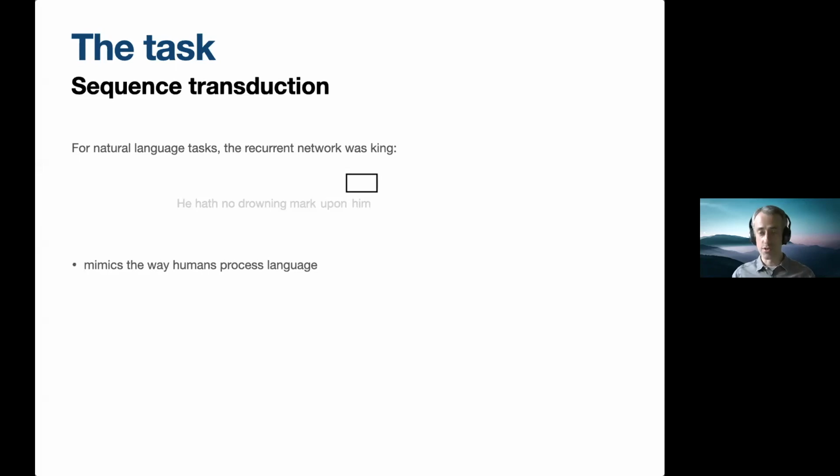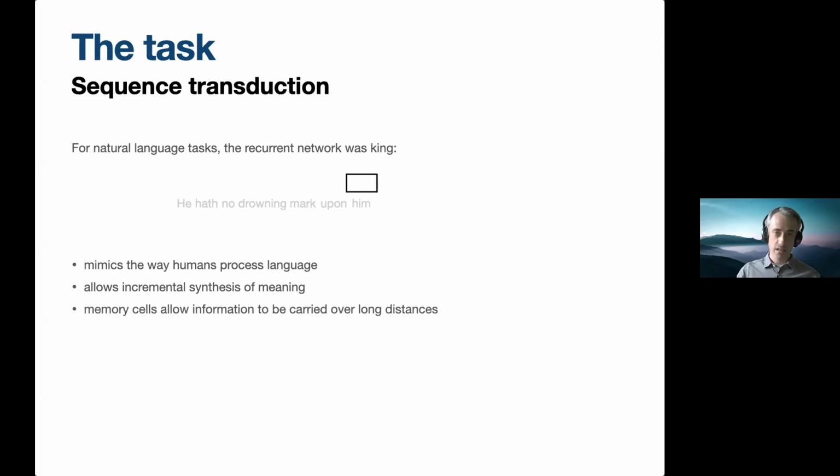This is very natural for a number of reasons. It mimics the way that humans process language. We perceive language as sequences. It allows an incremental synthesis of meaning. And if your recurrent units have a good memory, if they're able to remember things over long sequences, then it allows them to draw connections between distantly connected items.